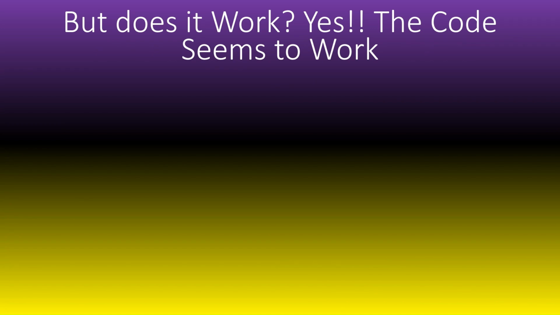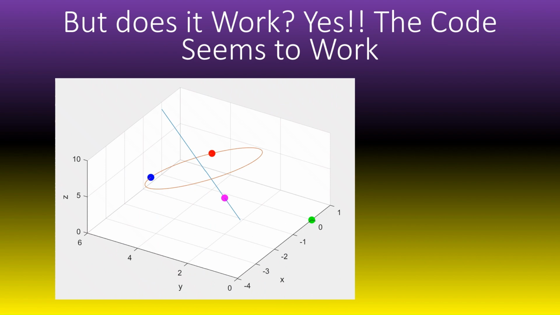Alright, but does this thing work? Did I write the correct formula? Did I derive the correct thing to rotate a point around an axis? Well, it seems like I did, because I wrote a MATLAB program that graphs the axis right there in blue, the point on the axis in purple, or magenta actually, and the original point in red, and the rotated point in dark blue.